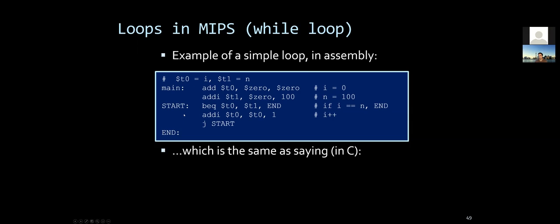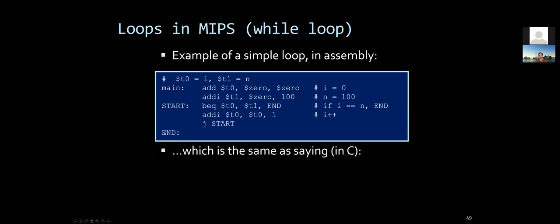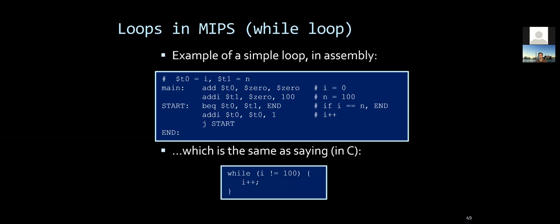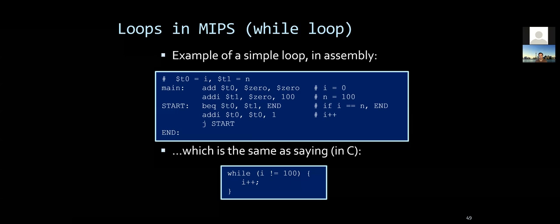So essentially what happens, this is executed once, you set up all the variables for the starting and final positions for n, and then you keep iterating inside of this loop, with this branch, until T0 reaches 100, and then this branch equal will bring us to this label. This is how this is done, which is the same as in C, if you would write something like while i not equal to 100, i++. As you can see here, when the C language was introduced, it tried to be very close to assembly, actually.